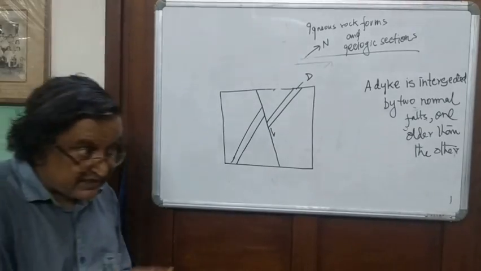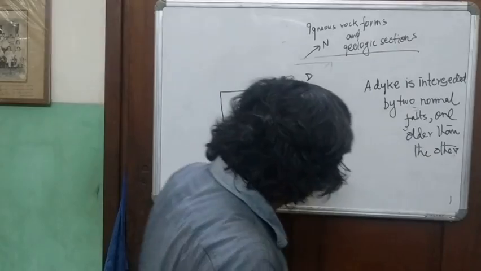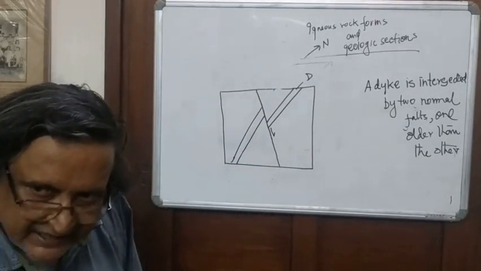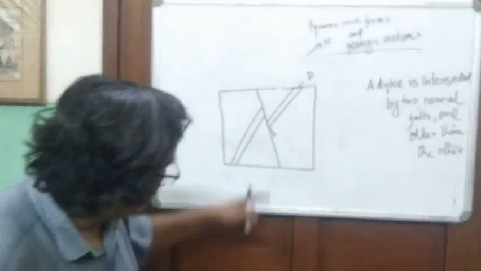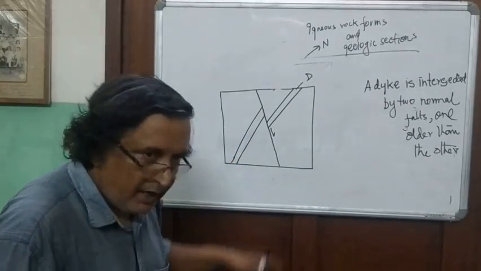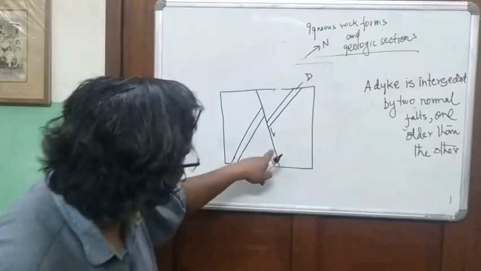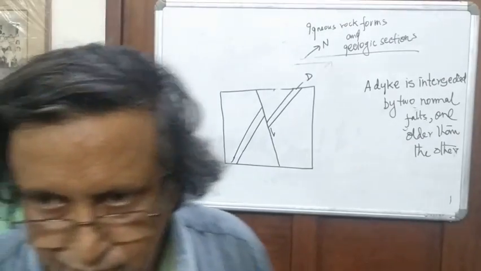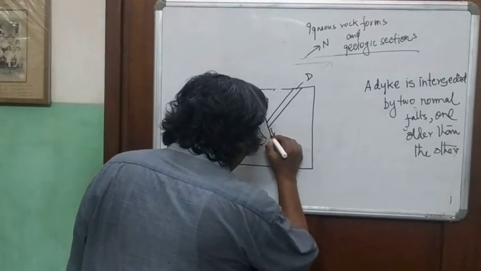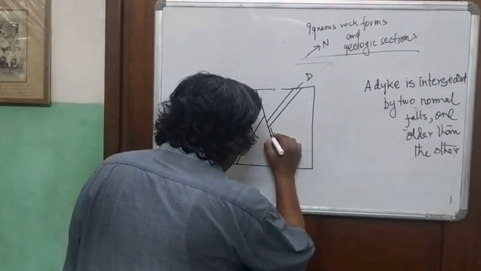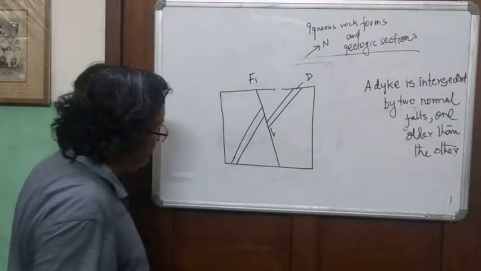So I have to establish a relationship. The one more fault that is left to draw should intersect the other fault and be either younger or older than it. Yes or no? So what I am trying to do, this is fault 1.